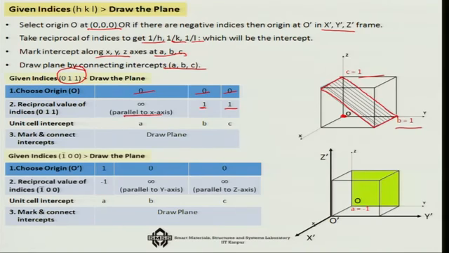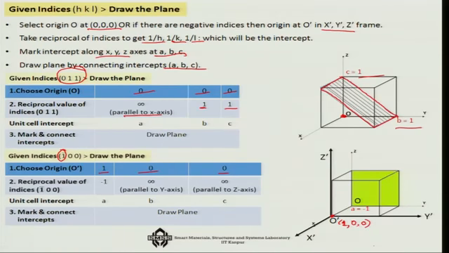Suppose I give a negative Miller index 1 bar 0 0. Then what do I have to do? I have to select an origin now such that this 1 bar will be 1, 0 is 0, and this is 0. So, with respect to my earlier case, I have to shift it now. This is my new position, where O prime is 1 with respect to the earlier coordinate system, then 0 along y and 0 along z.